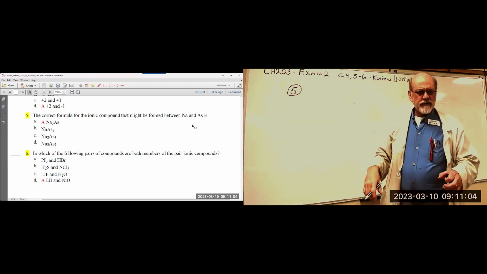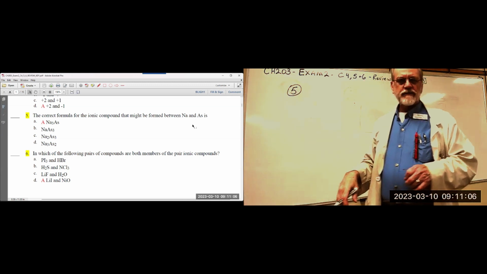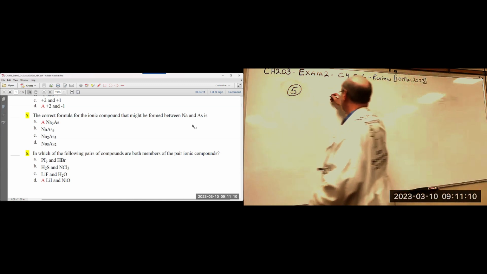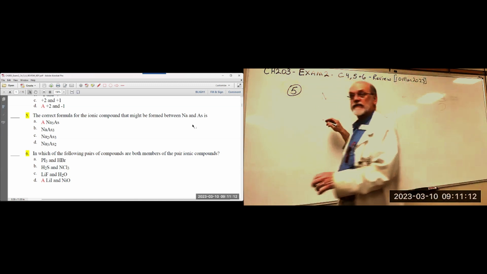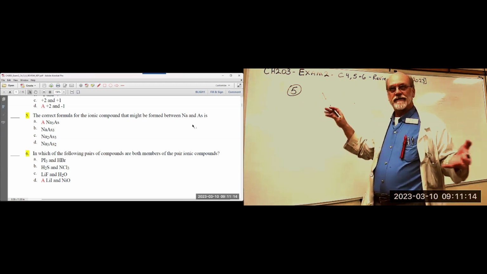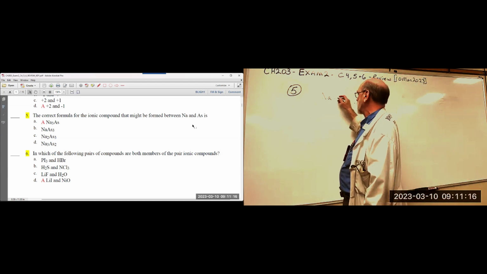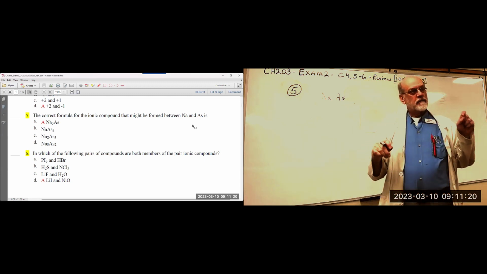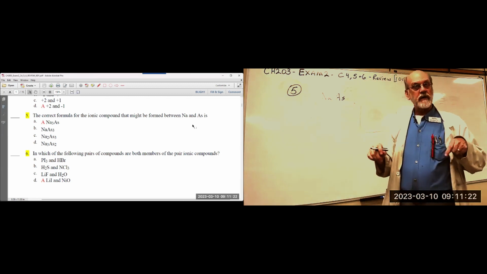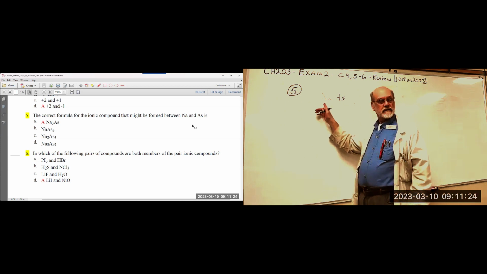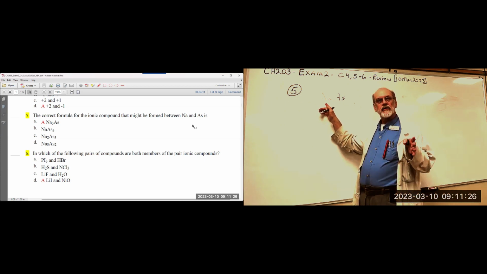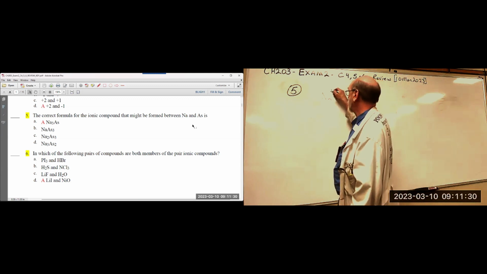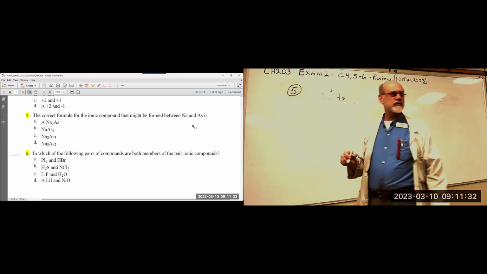The correct formula for the ionic compound that might be formed between sodium and arsenic. Okay. So which one comes first? The metal, right? Sodium comes first, and then arsenic. Okay. So this is going to be a type 1 compound because the metal comes from a group that only has one charge. It's always +1. Arsenic is a little different story.